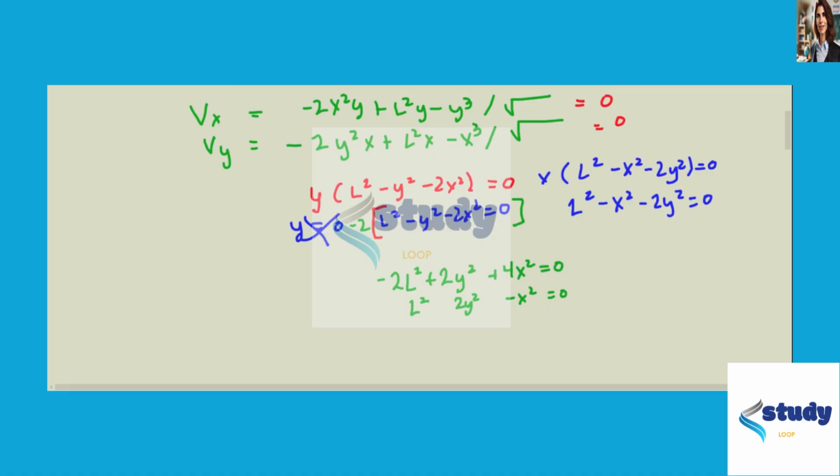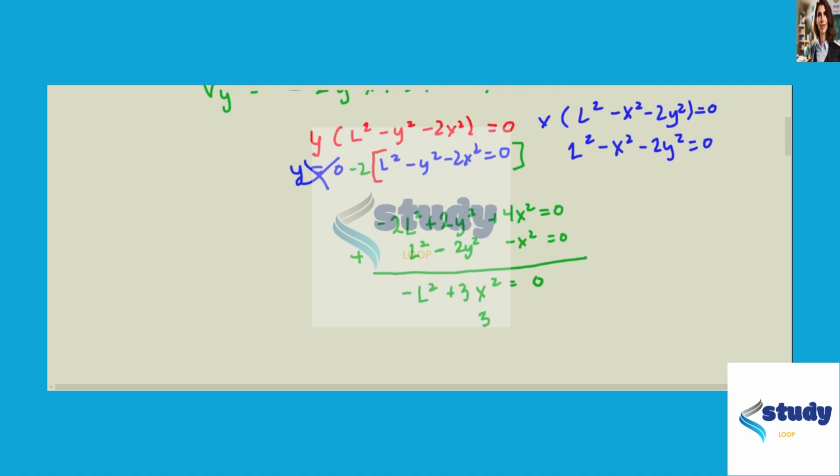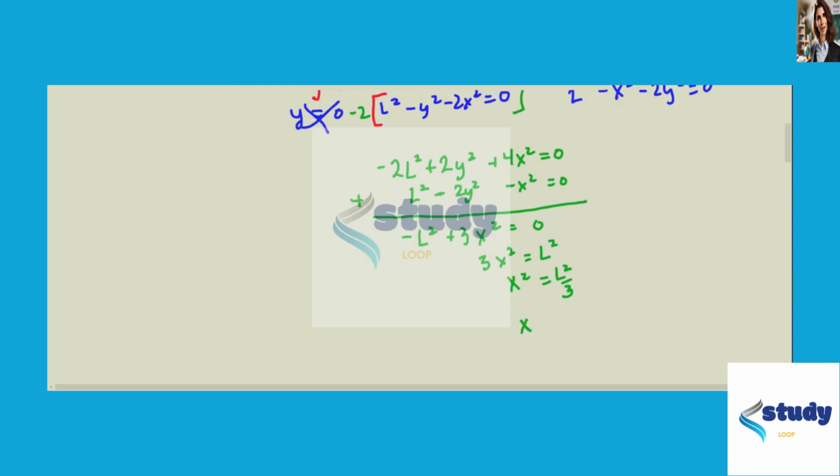Add them together, and I get minus L squared plus 3x squared equals 0. So 3x squared equals L squared. So x squared equals L squared over 3. So x equals L over the square root of 3.